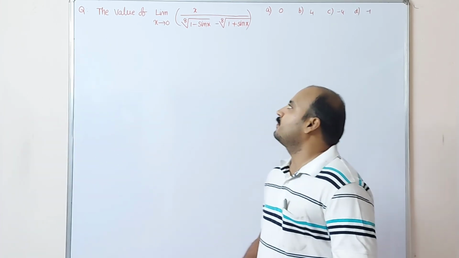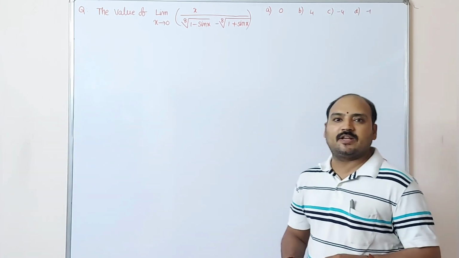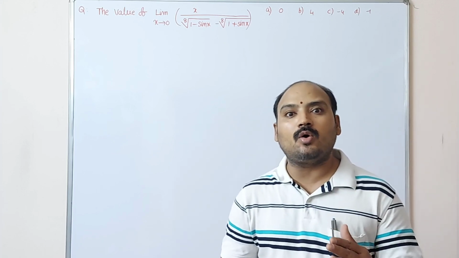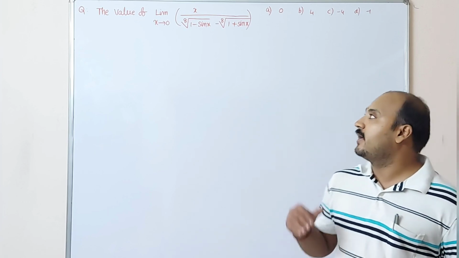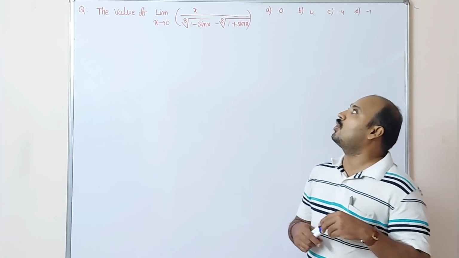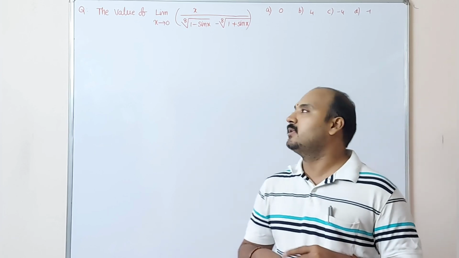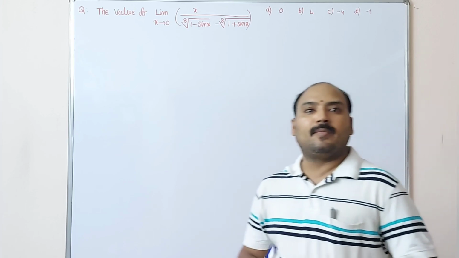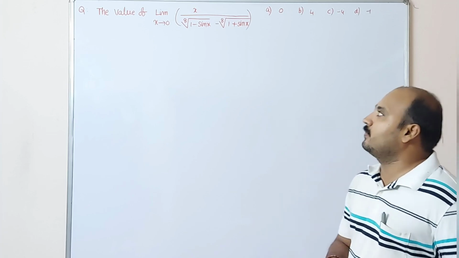The next question. The value of limit x tends to 0, x by 8th root of 1 minus sin x minus 8th root of 1 plus sin x equals 0, 4, minus 4, minus 1.